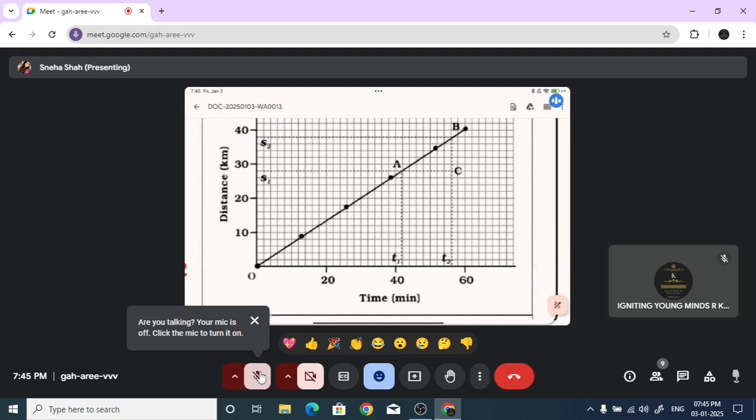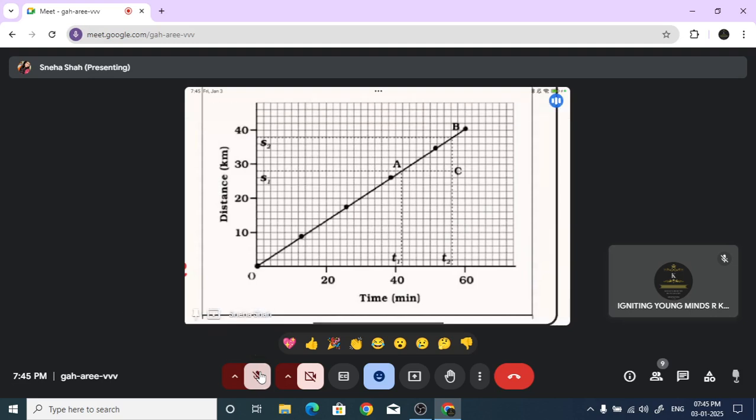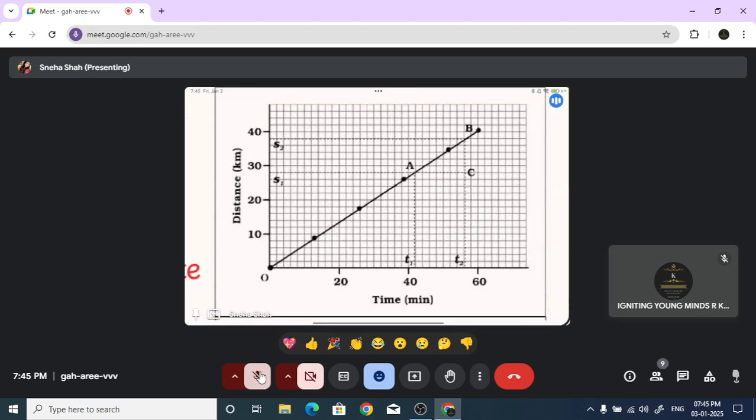So what will be the speed? It will be the total distance covered. What will be the total distance covered? It is like from A to C. If you talk about linear distance, see the graph, the line, the slope shows what? The slope shows the increase in distance, but exact difference of time is given by C, from A to C, the increase in time, and the difference in the distance is given from A to B. So what will be B minus A?